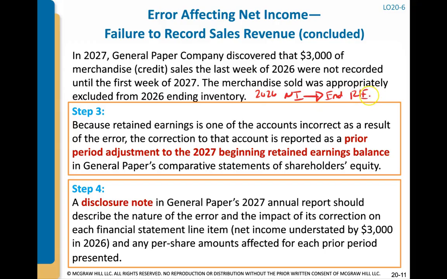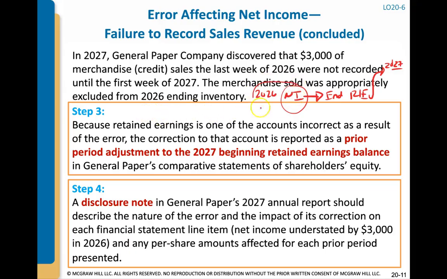That corrected retained earnings can go right into the 2027 beginning retained earnings, and you don't show a prior period adjustment, right? Because it's already fixed through the 2026 net income.